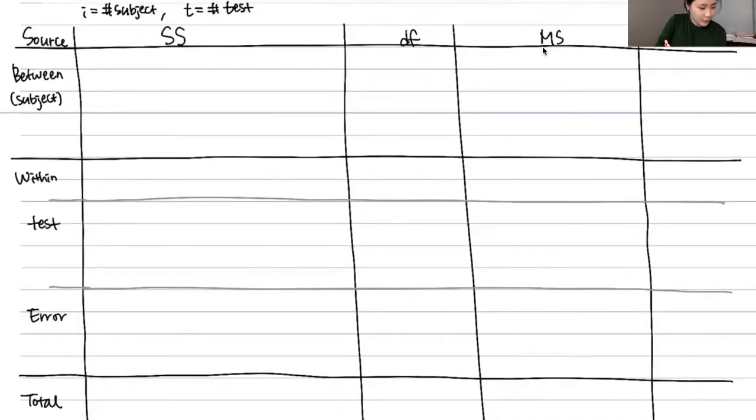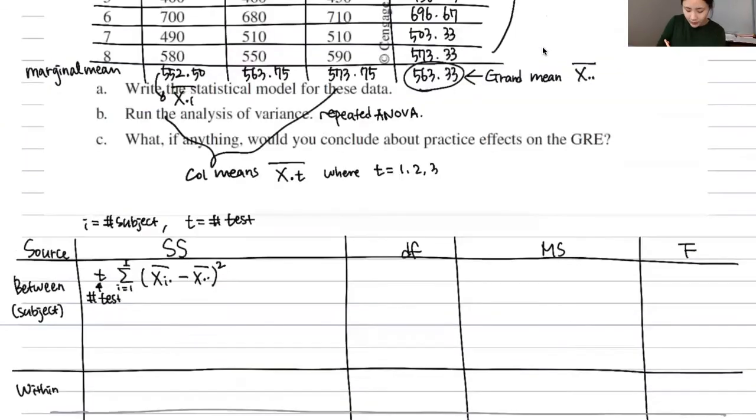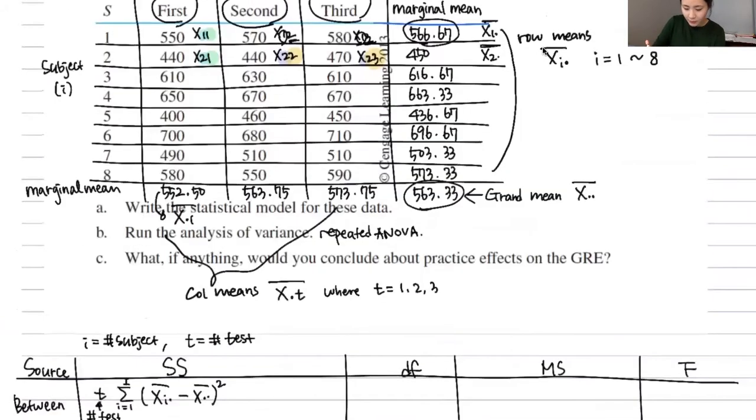Sum of squares between can be written as t, the number of tests, times sigma i from 1 to the number of subjects, large I, of Xi dot bar minus X dot dot bar squared. Because we have three tests, 3 times. Xi dot bar is the row mean.